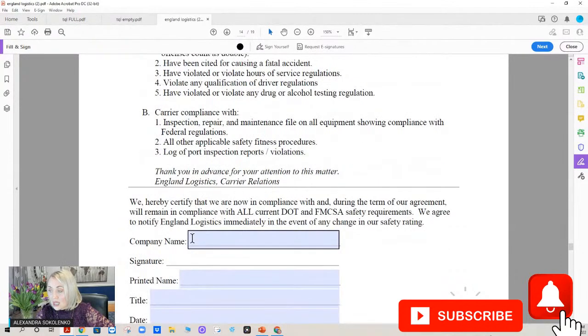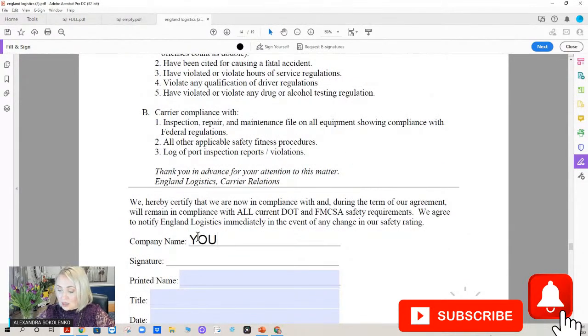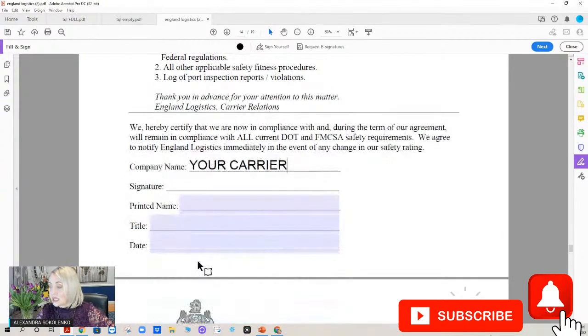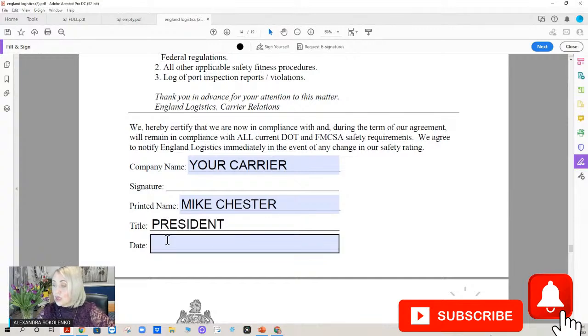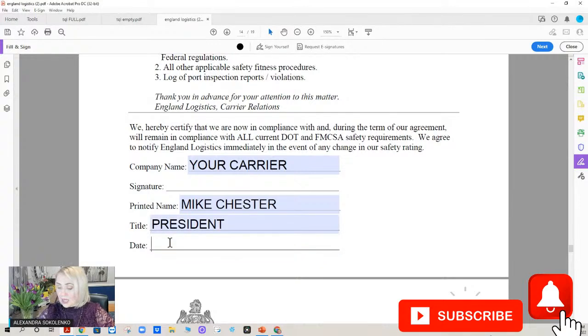So you're going to put again your carrier, the signature of the owner, printed name, Mike Chester, because you are agreeing on his behalf, and he's the big president of this future trucking company. And as of today, 1/28/2022.